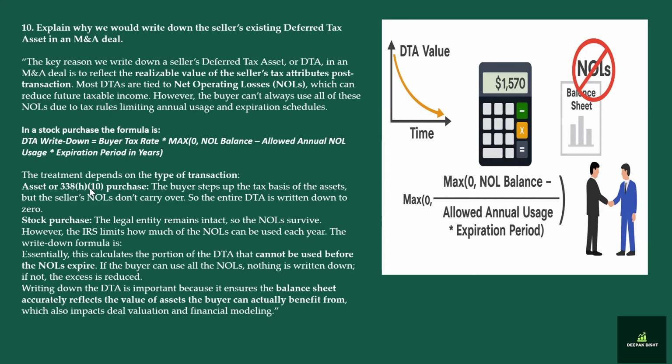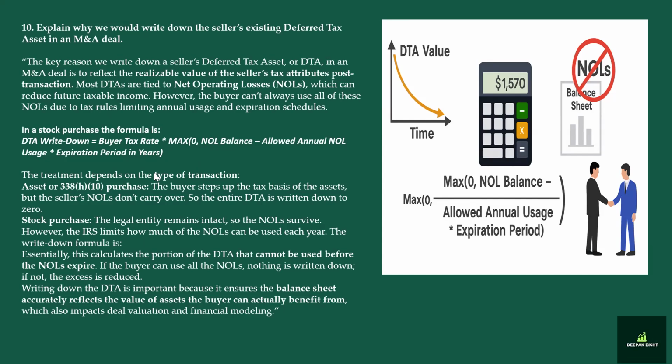If it's an asset purchase, the buyer buys the assets directly and not the legal entity. So the buyer gets a stepped-up tax basis in those assets, which is greater for depreciation deductions.